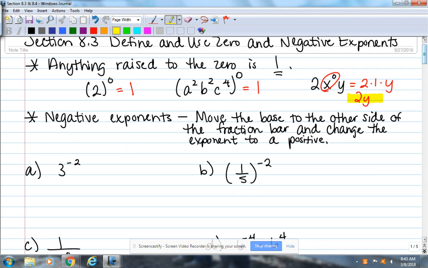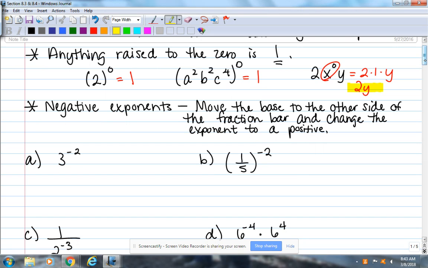And next, and for the rest of this section, we will be talking about negative exponents. So if we have a negative exponent, y'all, that is not simplified. It is not simplified to have a negative exponent, okay?